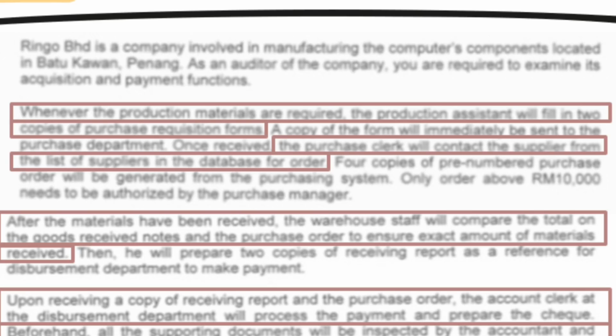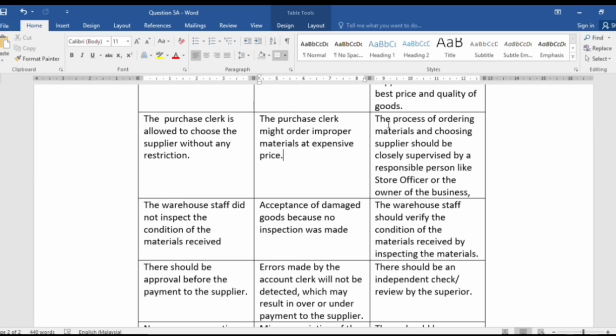So there is no sign that the clerk is choosing the supplier with any restriction. So this is the weakness, and the possible outcome is the purchase clerk might order improper materials at an expensive price. So the process of ordering materials and choosing suppliers should be closely supervised by a responsible person like the store officer or the owner of the business.